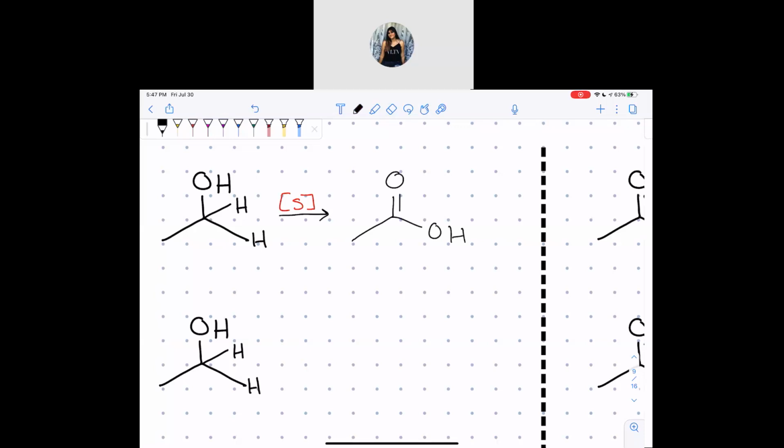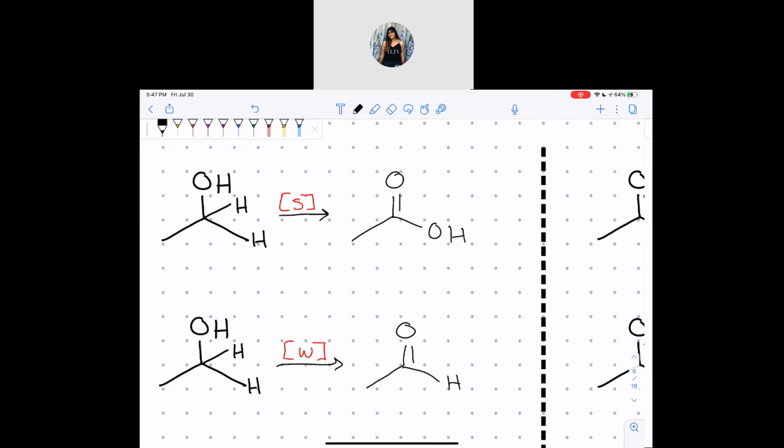If we have a primary alcohol plus a weak reagent, we get an aldehyde. So primary plus strong equals carboxylic acid. Primary plus weak equals aldehyde.